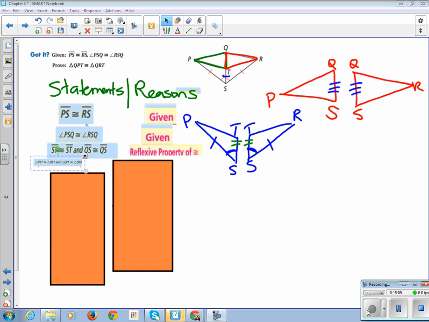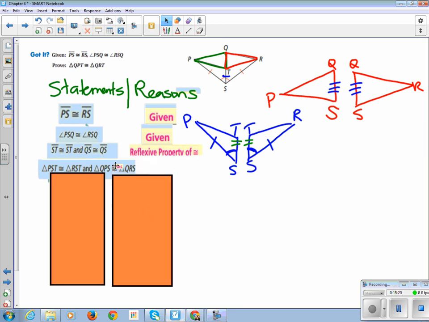So we can say that triangle PST is congruent to triangle RST, and triangle QPS is congruent to triangle QRS.